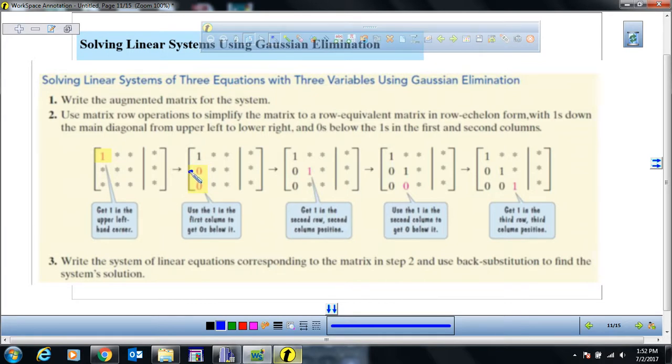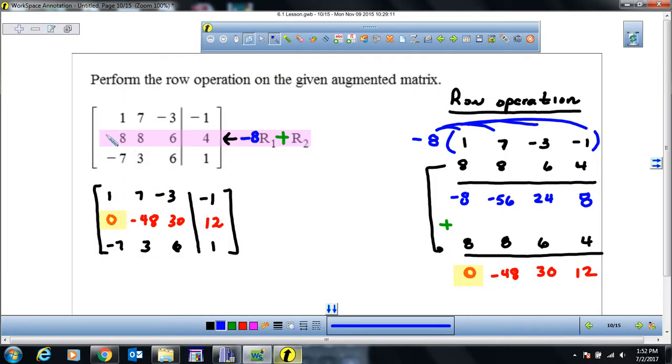And that equation will always be the equation that has the number 1. So if I want to make the second number a 0, I need to add it to the equation that has the number 1, which is the first equation. As you go to the previous problem, that's exactly what we did. To make that 8 a 0, I added it to the equation that had the 1, which was the first equation.